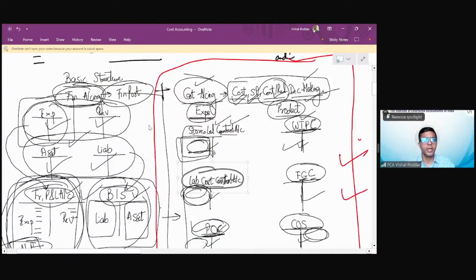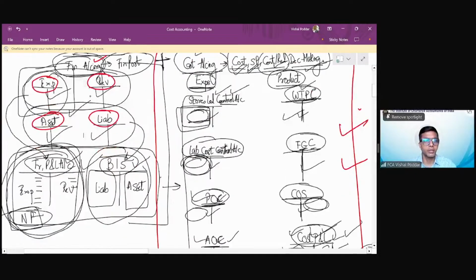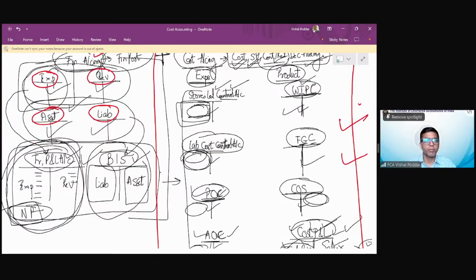So basically in your financial accounts, we broadly have four types of accounts: expenses account, the income or the revenue accounts, the assets accounts, and the liabilities account. Now, why only four types of accounts are prepared? Because ultimately the purpose of financial accounting is understanding your financial position, which will be identified by preparing these two statements.